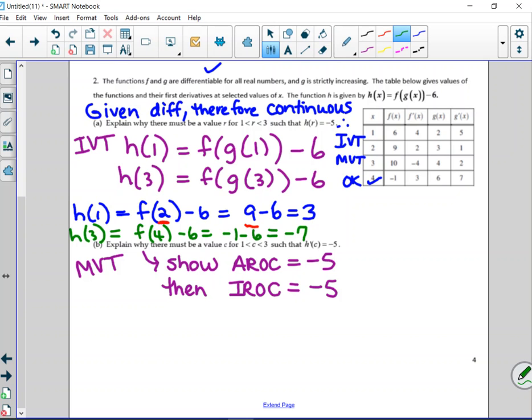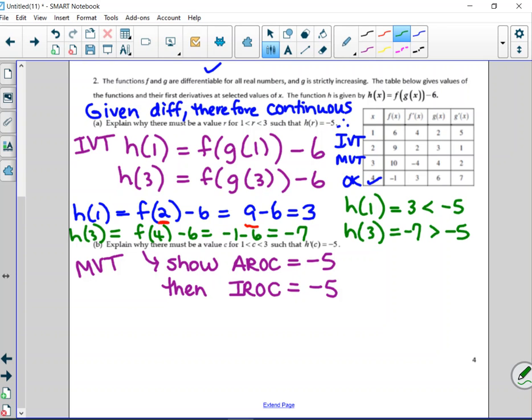If it's telling you to explain why this has to be true, that means it's true. So if I had gotten 3 and -1, I must be wrong, because I'm supposed to get something on either side of -5. You don't have to write one big inequality; you can do them independently. So my h of 1, which is 3, is greater than -5.